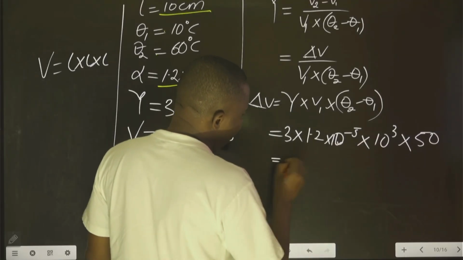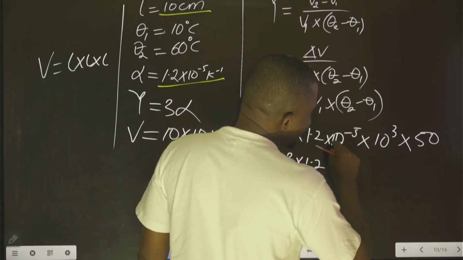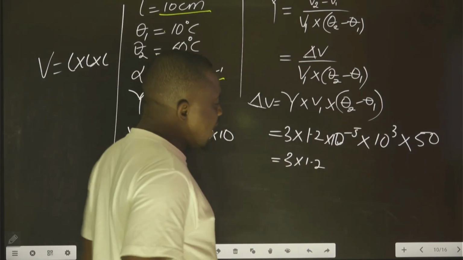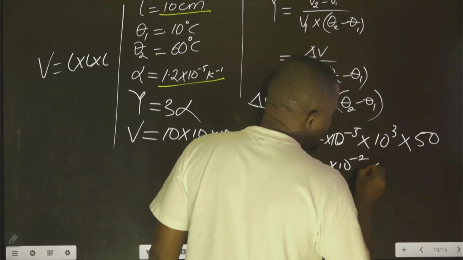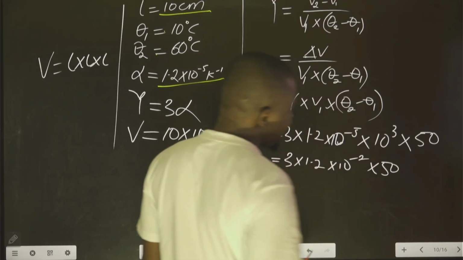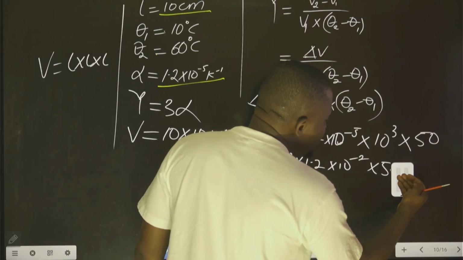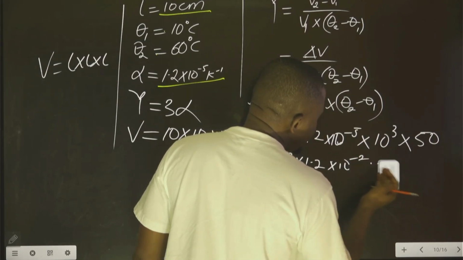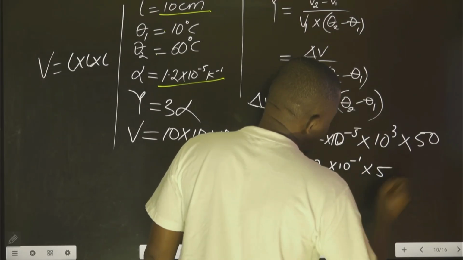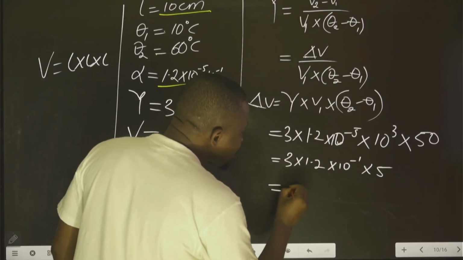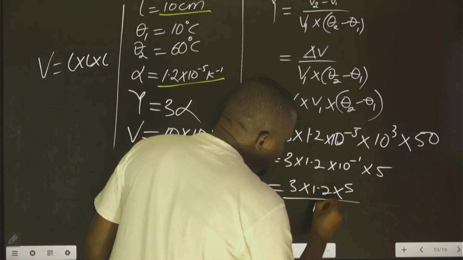All we need to do now is 1.2. You agree with me that this, if you use indices, you're going to have 10 raised to the power minus 2, 50 here. Okay? You can also remove this 0 and put 1 here. The same indices. Multiply by 5. You can also express everything here over 10.